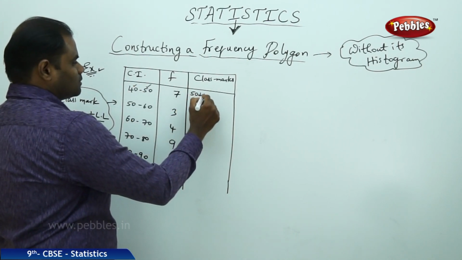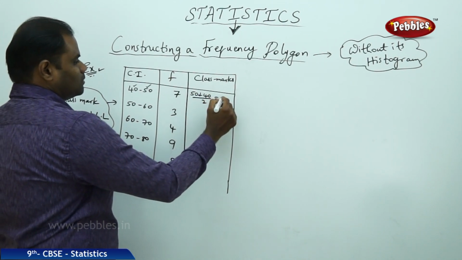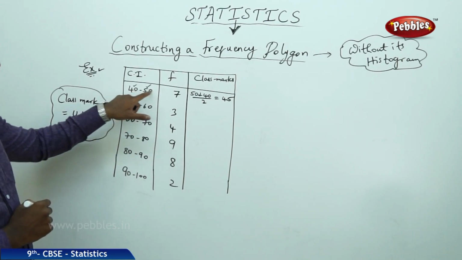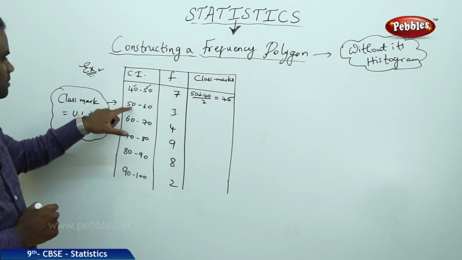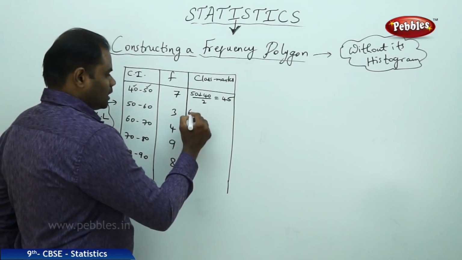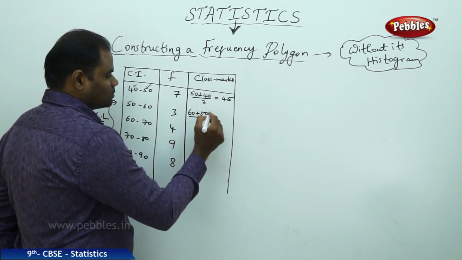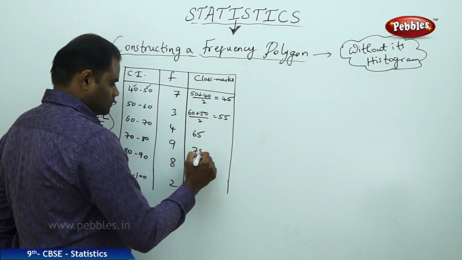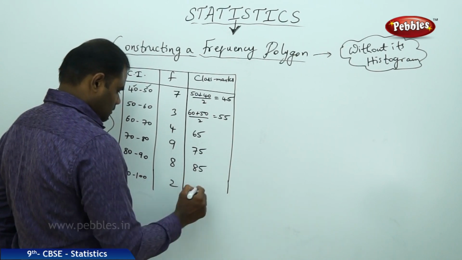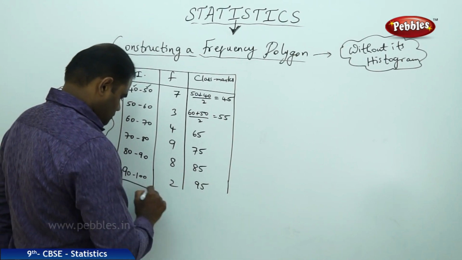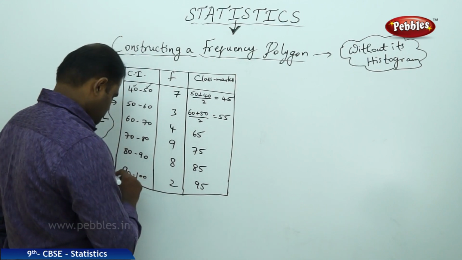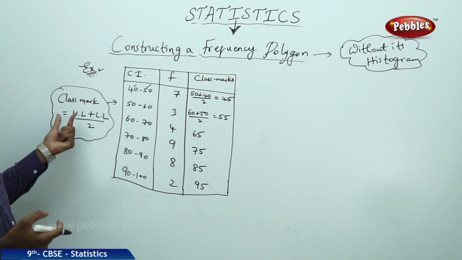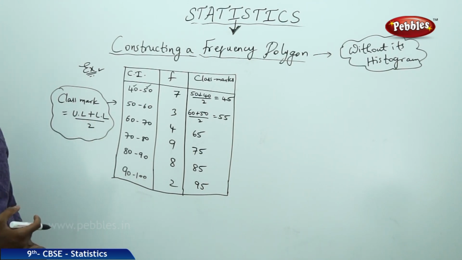So upper limit plus lower limit by 2 gives the class mark 45, and for the next class interval it is 55, then 65, 75, 85, and 95. That is how I get the class marks.